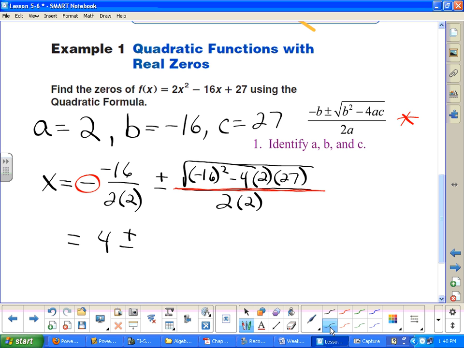So what do I get when we square, or what's underneath the square root sign? What's 16 squared minus 4 times 2 times 27? 40? Okay. And that's divided by 4.